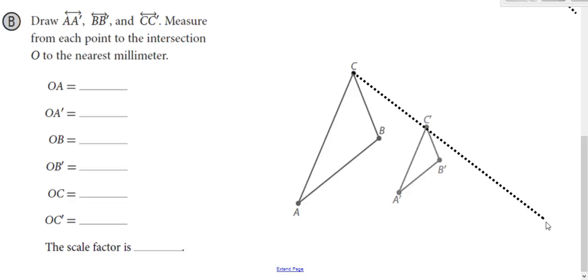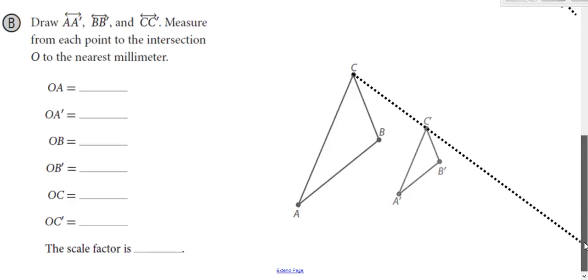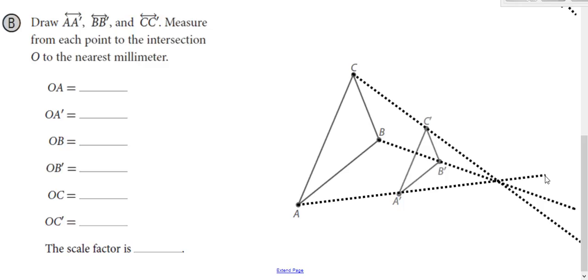Draw a straight line. And do it again from B to B prime. And A prime. And they all intersect at one point right there. That's our center of dilation.